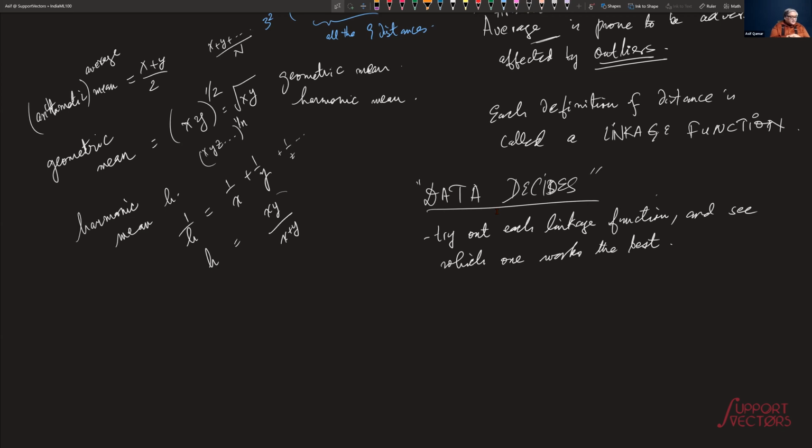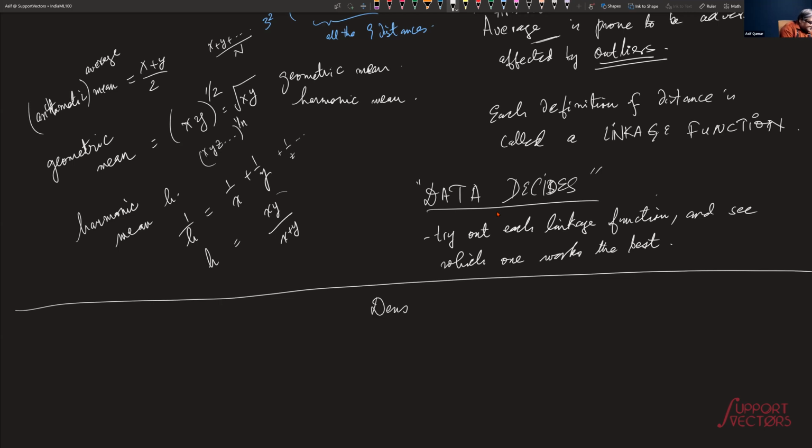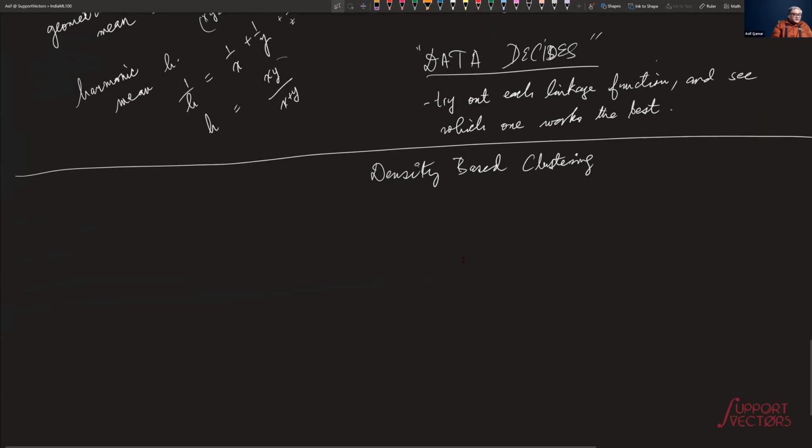So we would move on then to a new class of algorithms, which in a practical sense is very powerful, though it tends to be a bit expensive. These are called density-based clustering. What it basically says is that if you attach a physical intuition to data, let's say that you have data like this, and you have your cows and ducks.